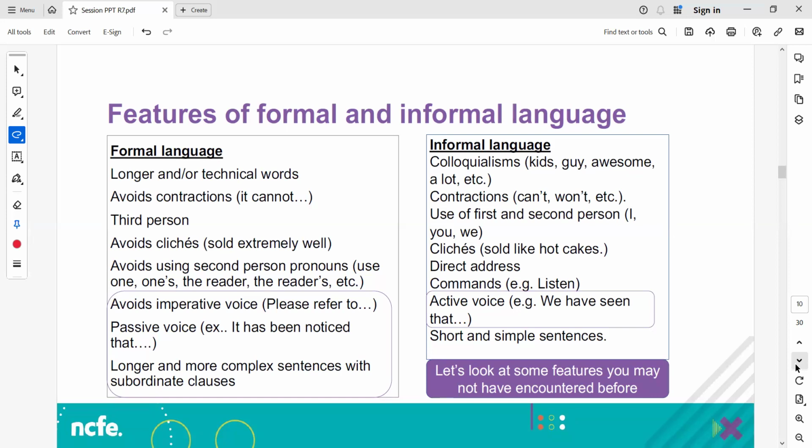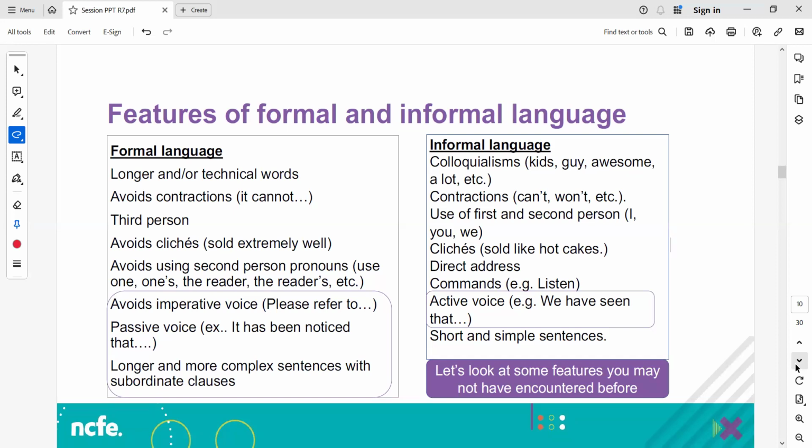When we look at text using informal language, we will see colloquialisms, so everyday, speech-like language, things like kids, guy, awesome, a lot, and so on. Contractions, so can't, won't, haven't, and so on. You will see those a lot in informal texts.